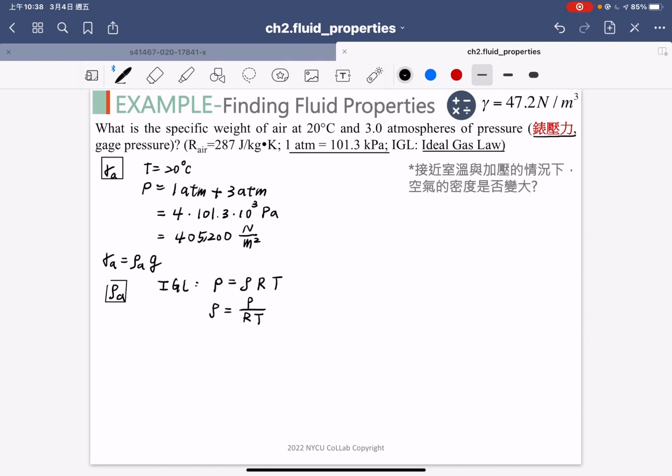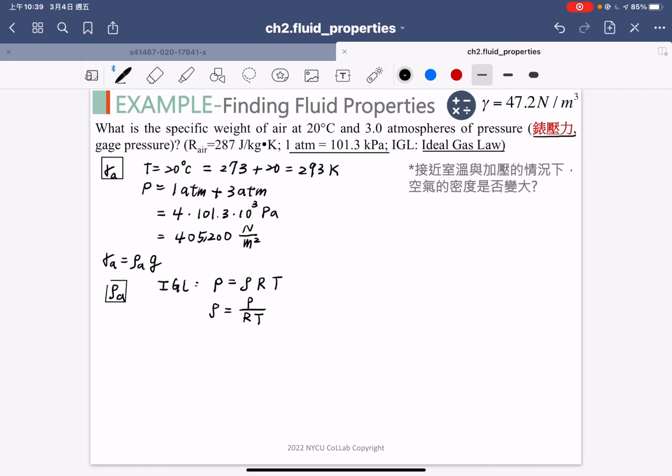Okay, and for the ideal gas law, the temperature needs to be converted to absolute temperature. So here we convert: 273 plus 20 is equal to 293 K, right?